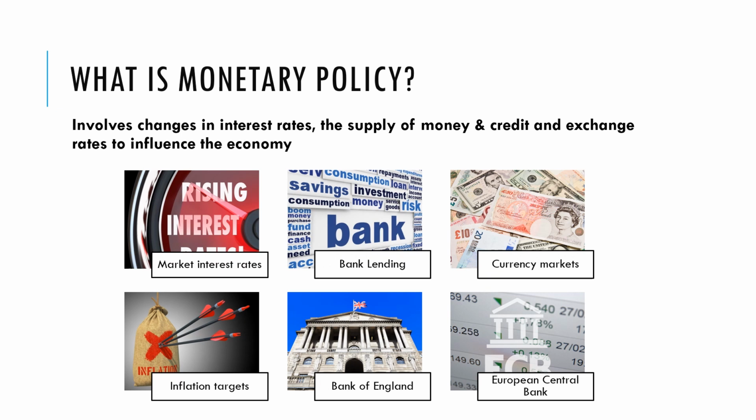So we're talking about these kind of things. The central bank within the economy has within its power the ability to change interest rates, change currency values, and the amount of money in the economy, and as a result, influence the level of economic activity or the economic performance of the economy.